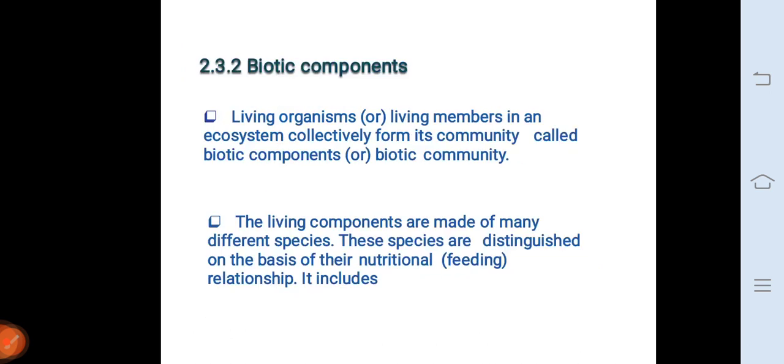Producers produce food during the photosynthesis reaction without any help. For example, all green plants and trees. Photosynthesis means the green pigment called chlorophyll present in the leaves of plants converts CO2 and H2O in the presence of sunlight into carbohydrates.